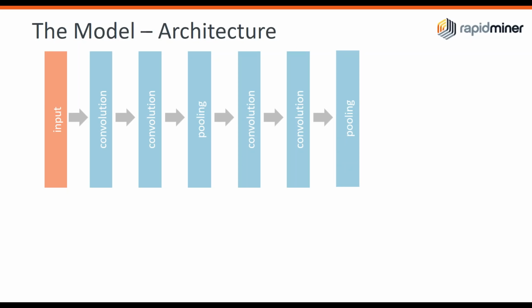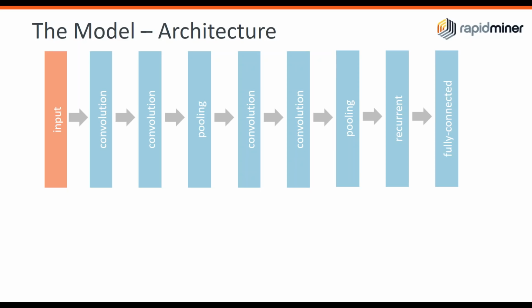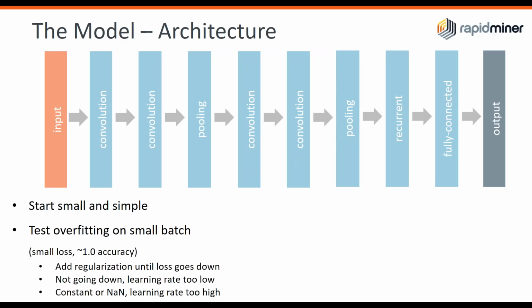And then if you find out that the combination of a convolutional and a pooling layer is great, you often repeat it and have multiple blocks of the same in your network. And then you could use, for example, a recurrent layer at the end or a fully connected one, and then you obtain your output.